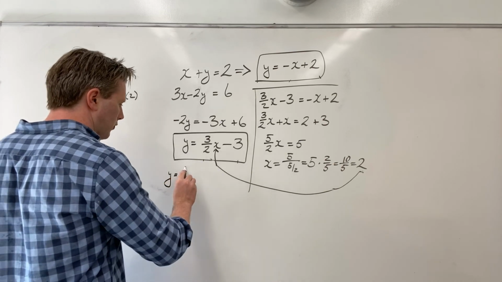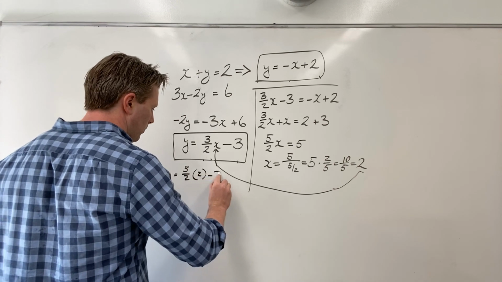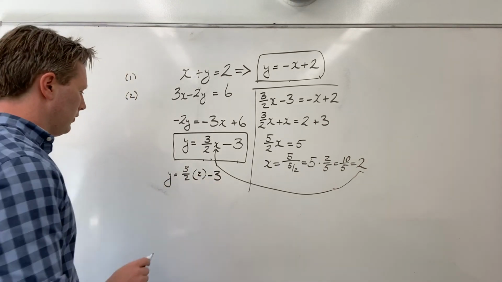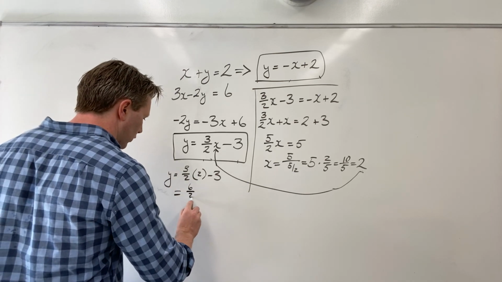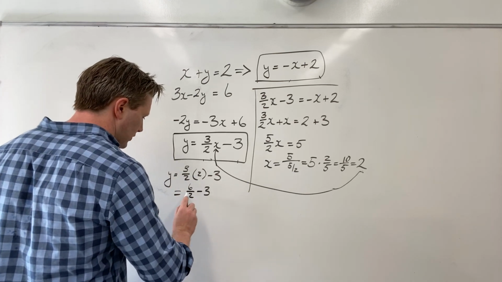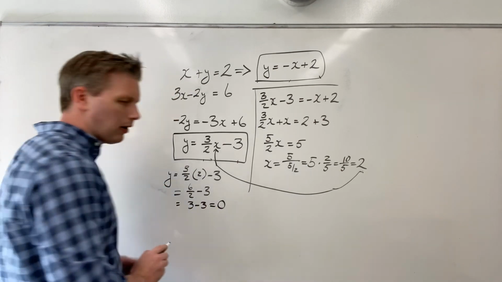So y is equal to 3 over 2 times 2 minus 3. And so I get that y is equal to 3 times 2 is 6 over 2 minus 3. 6 over 2 is 3, minus 3, which is 0.